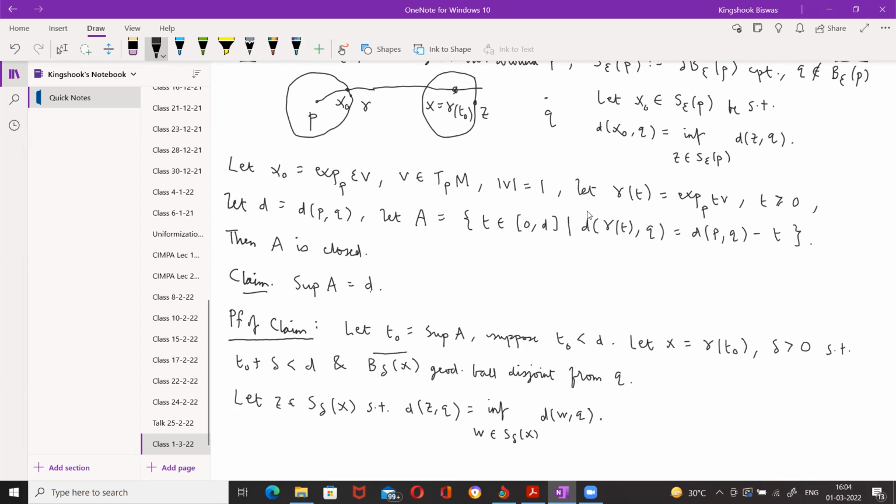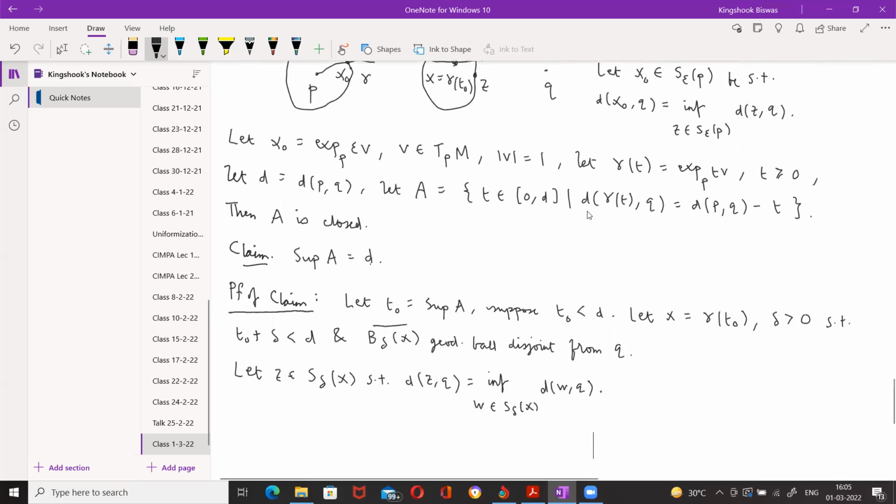Then what can we say about, so first of all, by the triangle inequality, the distance from X to Z plus the distance from Z to Q is greater than or equal to the distance from X to Q, right?